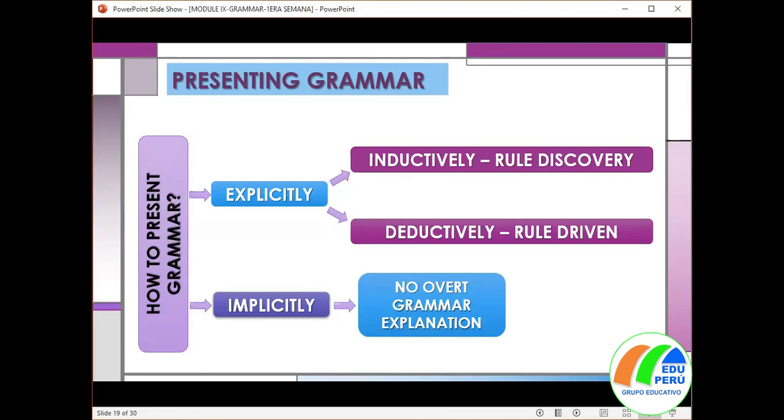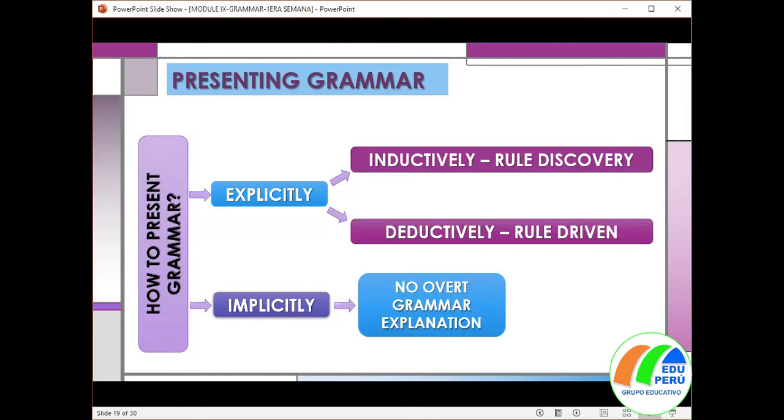So here we're going to stop. Next class, next Saturday, we're going to analyze in which ways we can teach grammar: explicitly, implicitly, inductively, deductively. So don't miss next class, please.